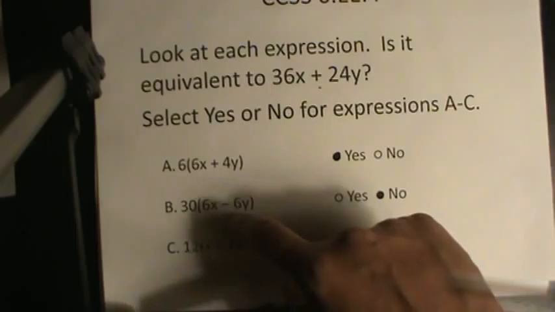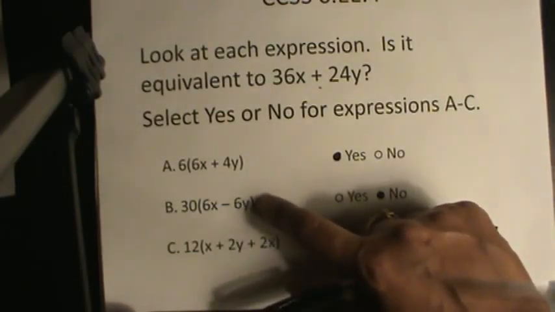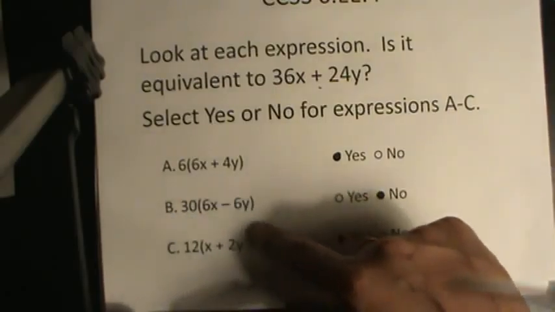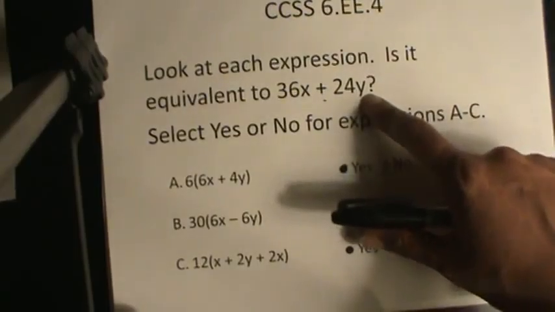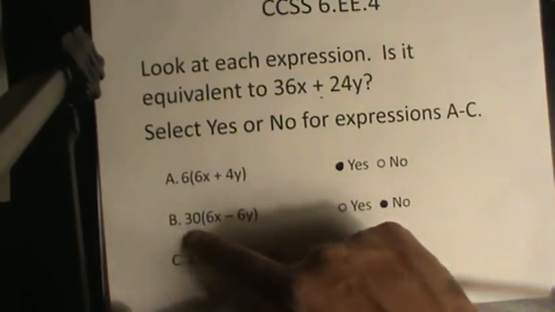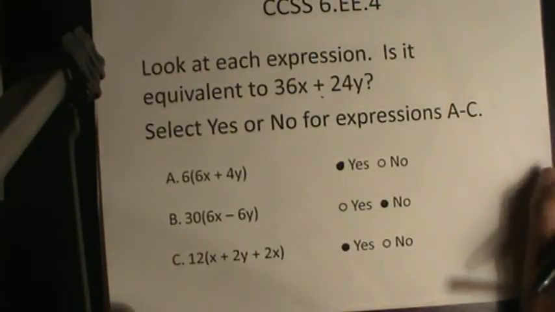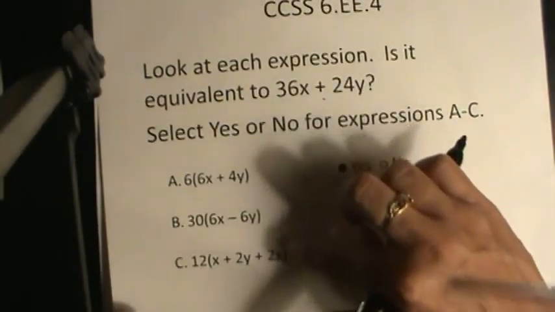This means that there is absolutely no way that your expression in B will ever be equivalent to the given expression, no matter if these numbers are multiplied by a positive or if they're multiplied by a negative. See if you can come up with a different method of determining equivalency for A and C.